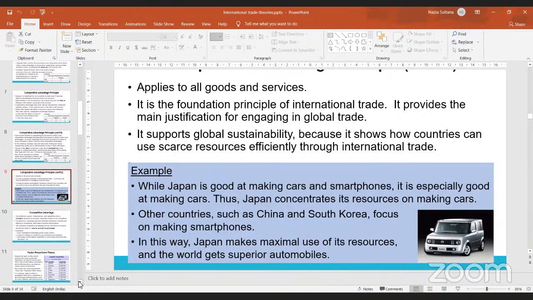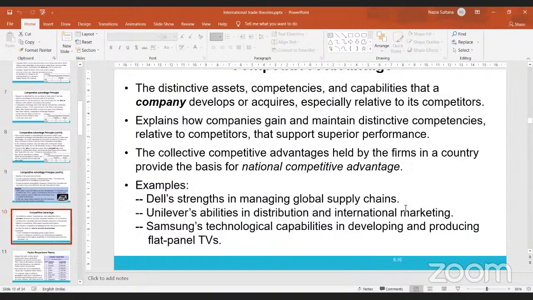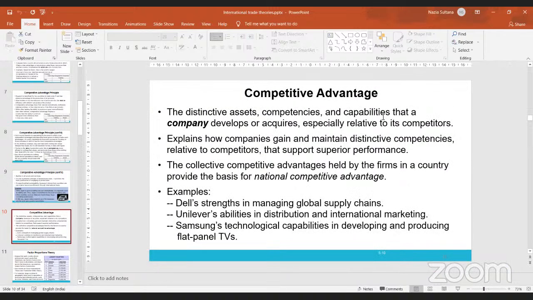So here comes the word competitive advantage also. Here you talk about the distinctive capabilities, the assets, capabilities, and competencies that a particular company has over other companies, or a particular country has over other countries.